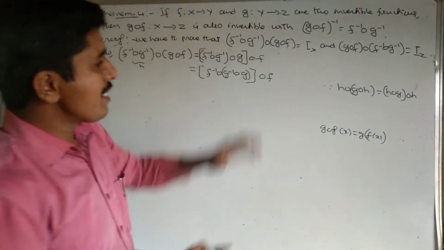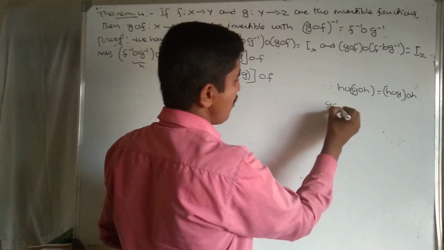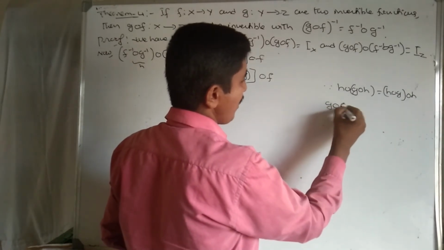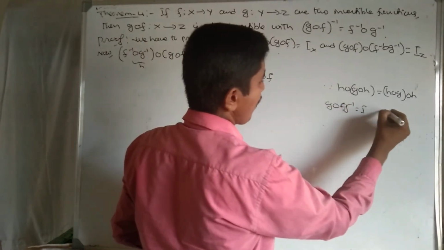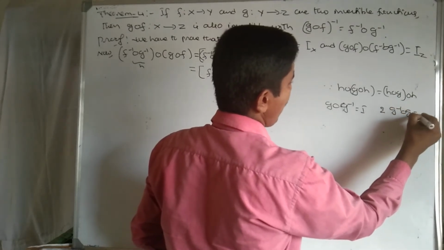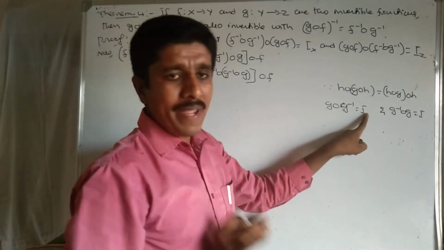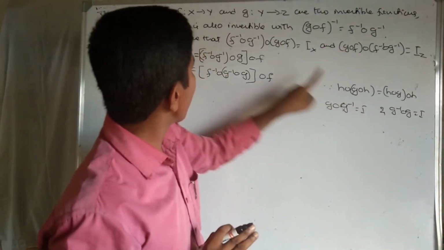Given that G is invertible, mind it, this inverse function exists, then GO G inverse equal to identity function and G inverse OG equal to identity function. While mentioning the domain, be careful with the subscript. What is the domain of G?